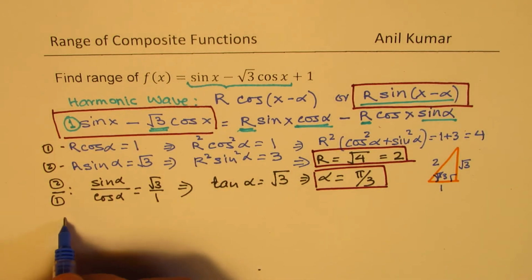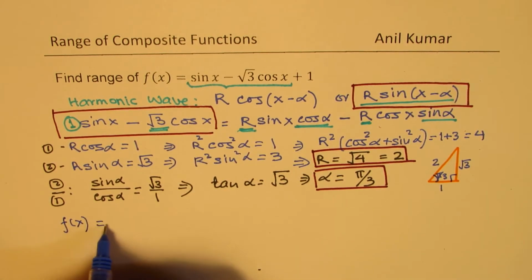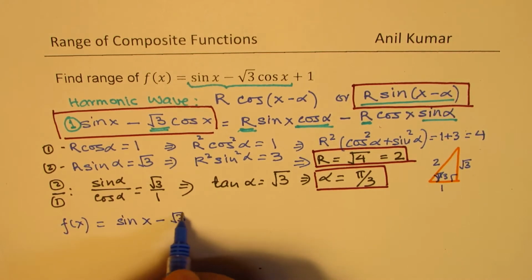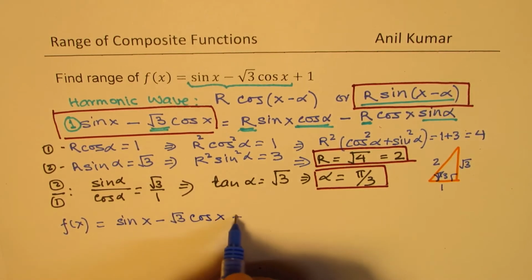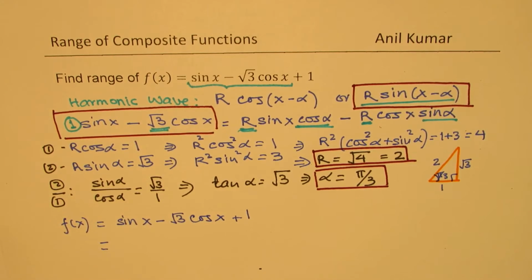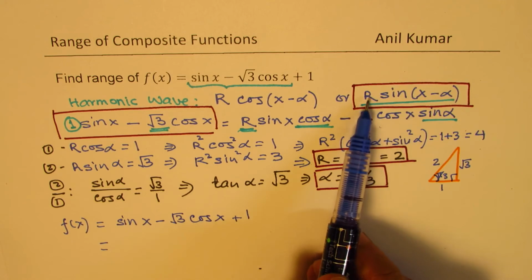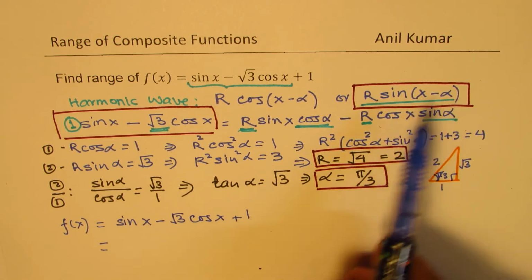Now let's see what happens to our function. So f of x, which was given to us as sine x minus square root of 3 cos x plus 1, can now be written as, so we wrote all this as r sine x minus alpha.